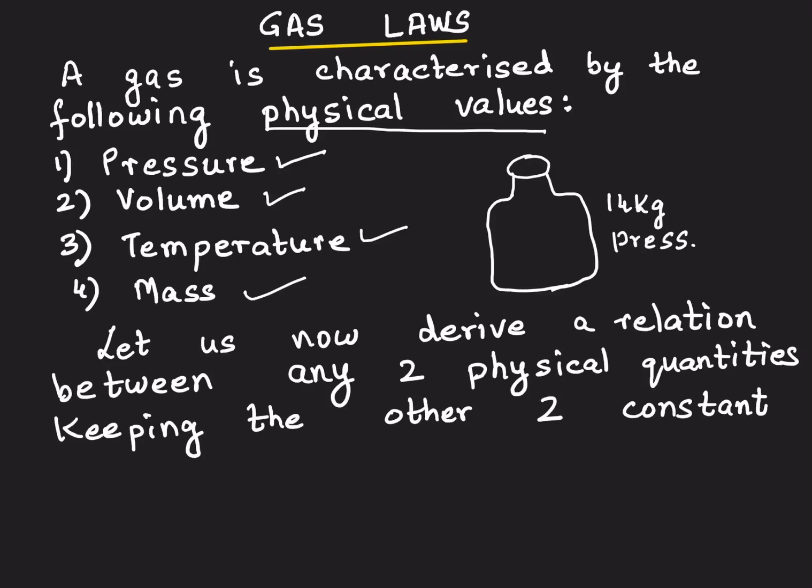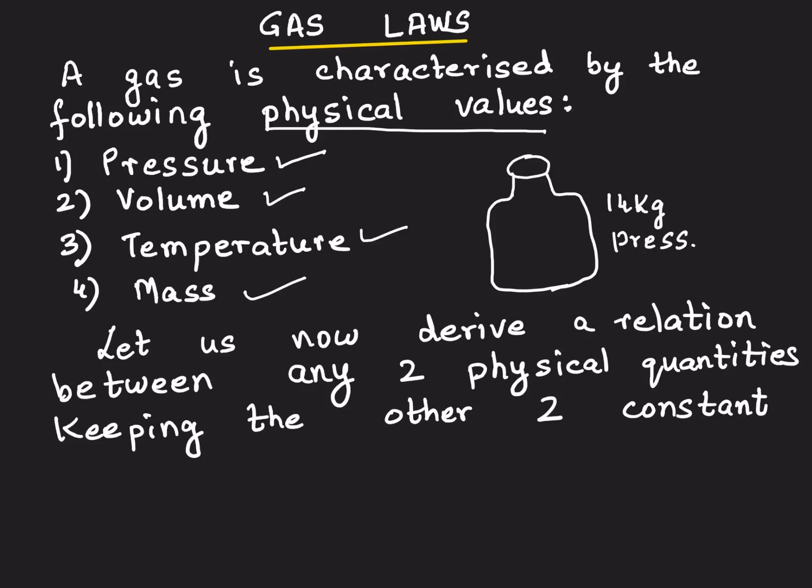What are we doing in the gas laws? We will try and derive a relation between these various physical quantities. So pressure, volume, temperature and mass. But do you think it is easy to derive a relation between all four of them in one go? It's difficult, right?